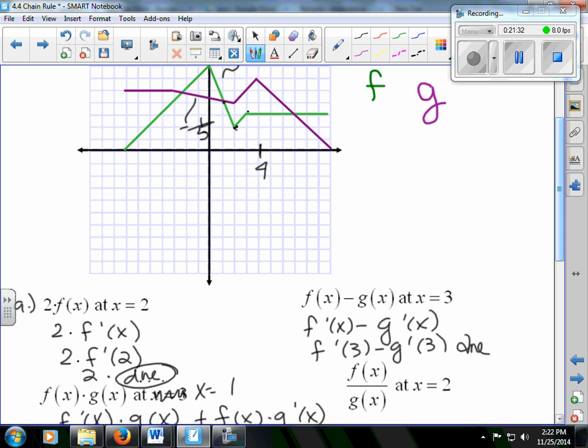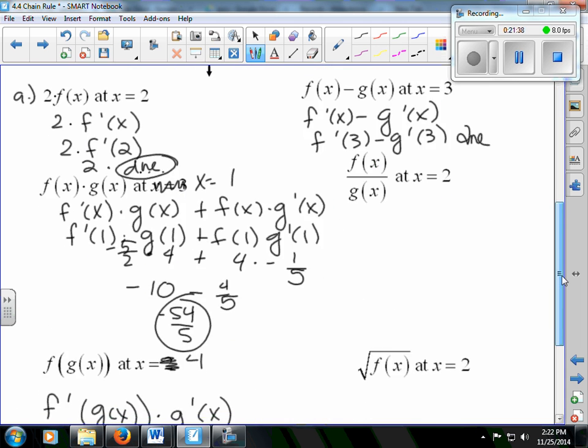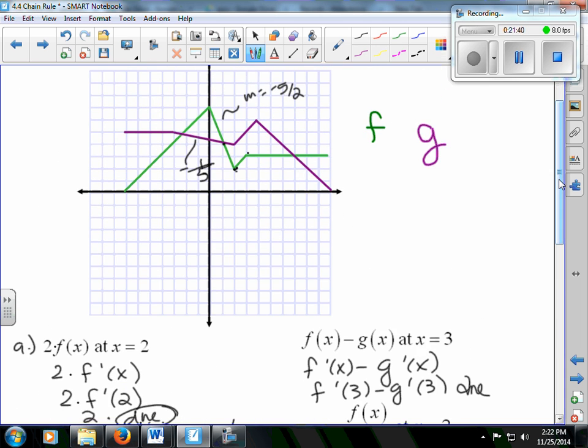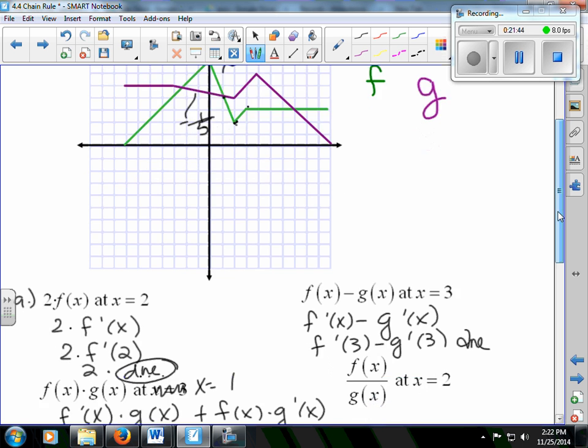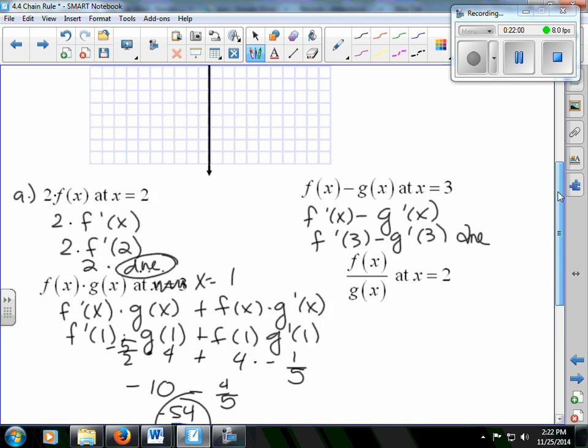Let's not do 4. G is the purple one, right? Choose the purple one. So I can do g of 1, 2, 3. We'll do g of 3. Making x 3. All right, so what is g of 3 and what is g prime of 3?